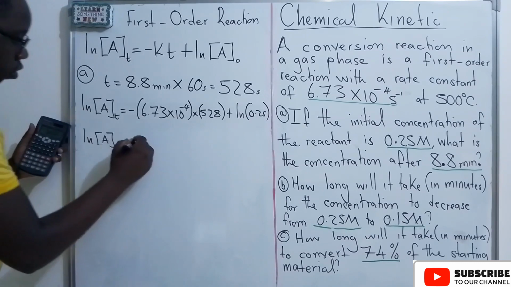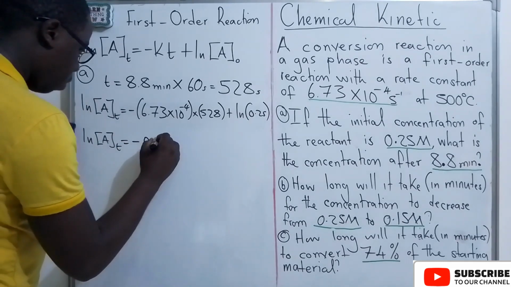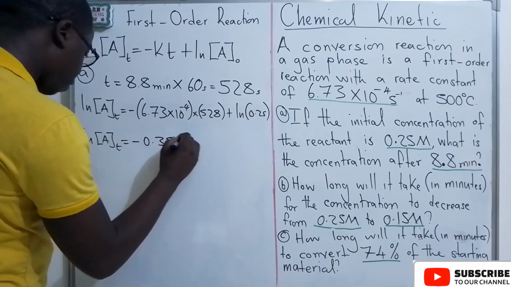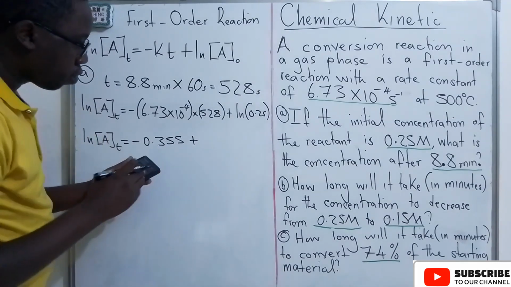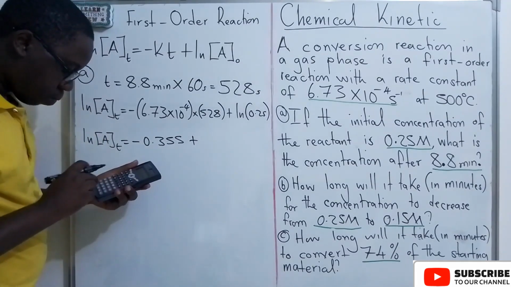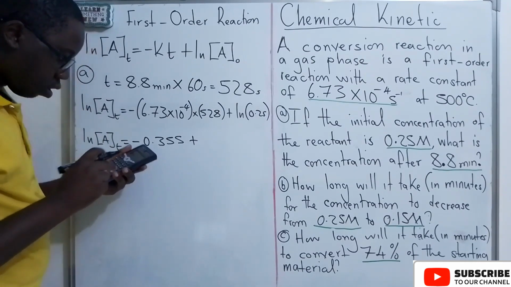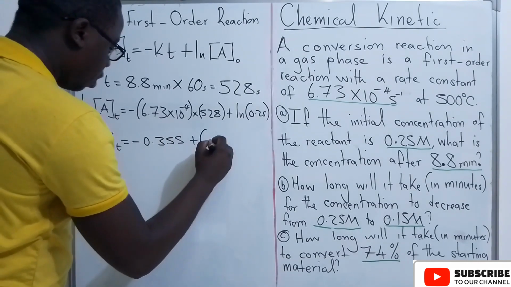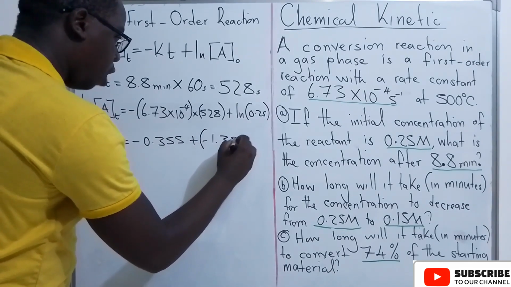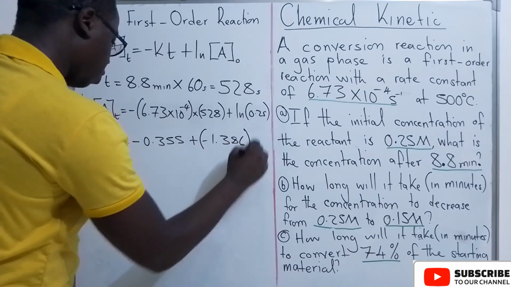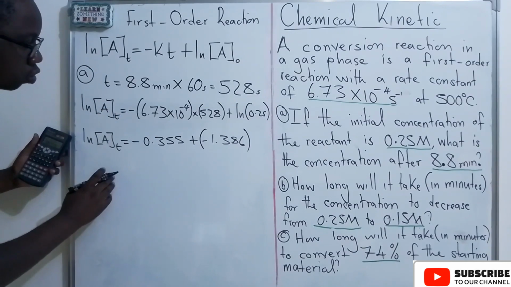It is giving us the value of negative 0.355, plus the natural log of 0.25, which is giving us negative 1.386. So this is the natural log of 0.25.